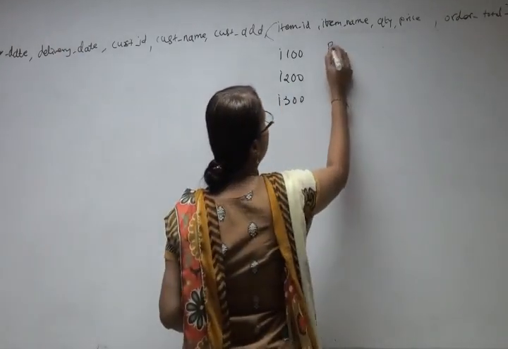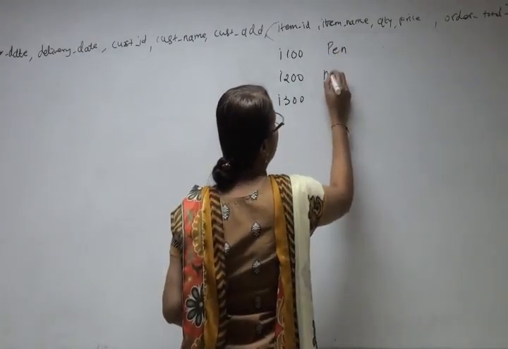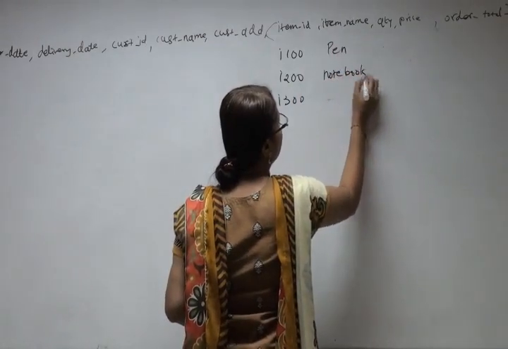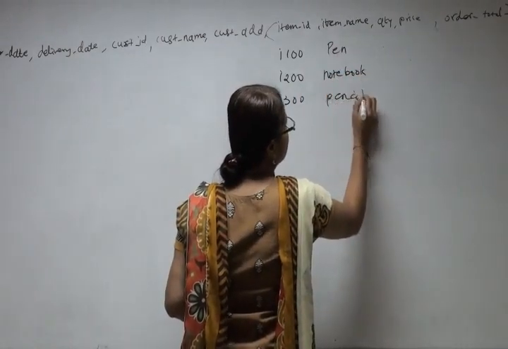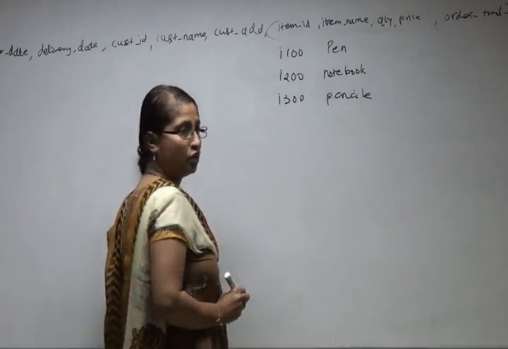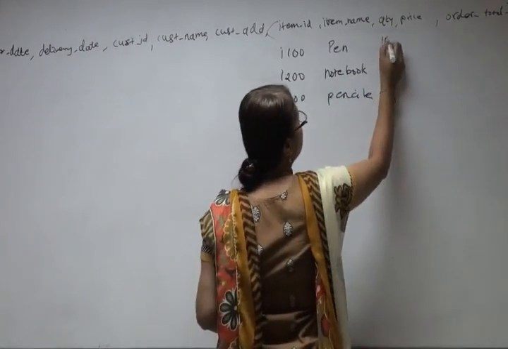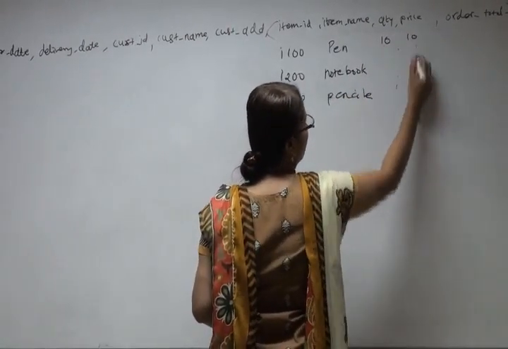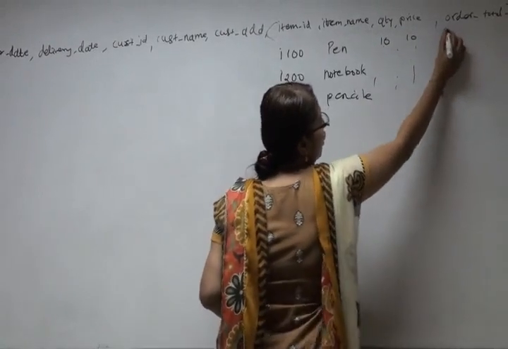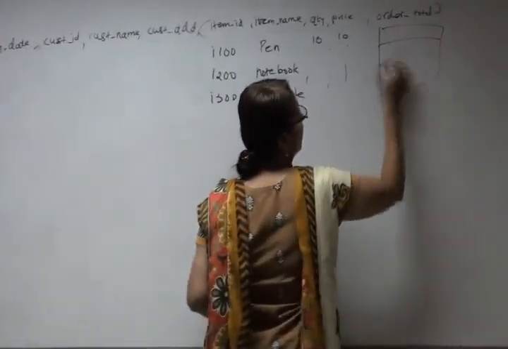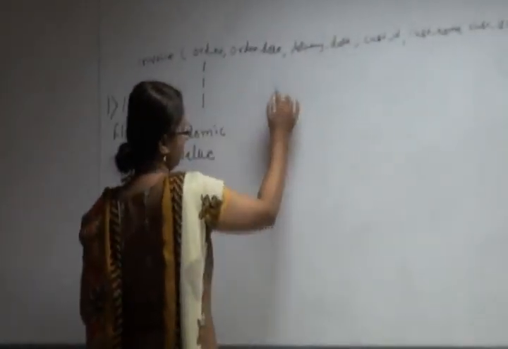The names are pen, notebook and pencil, right? Then quantity, something like 10, 10 and so on. Order total is going to be repeated and this part is also going to be repeated, right?